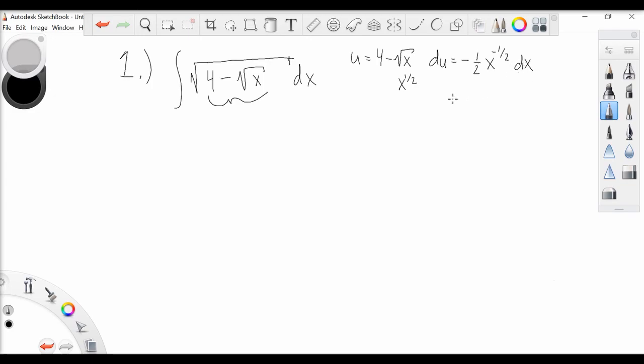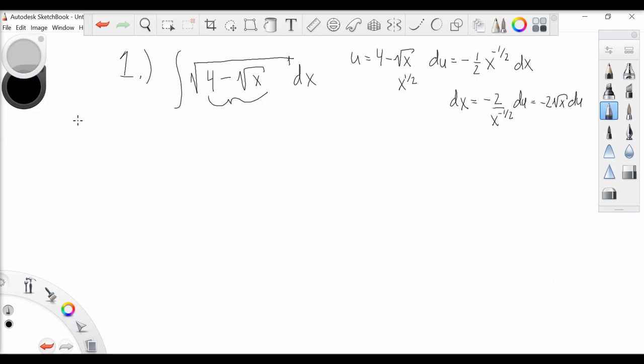Now rearranging for dx, we're going to get minus 2 over x to the minus 1/2 du, which is simply minus 2 root x du.